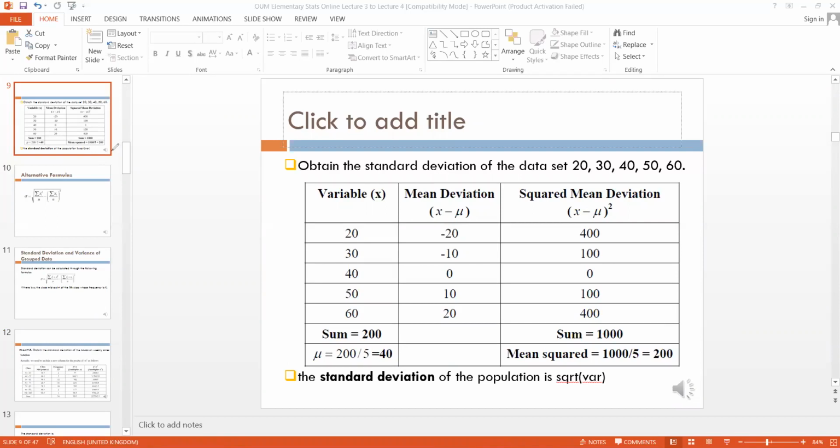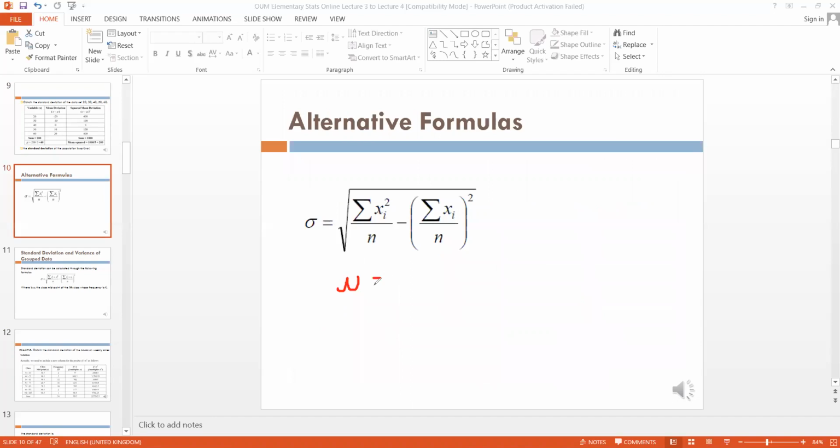The mean of the distribution was 200, and the standard deviation we found was 14.1.